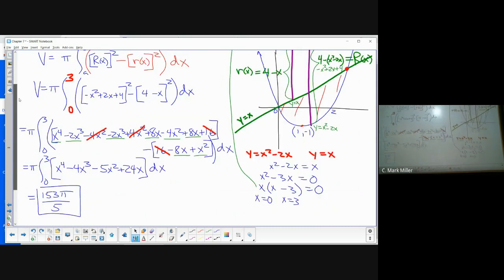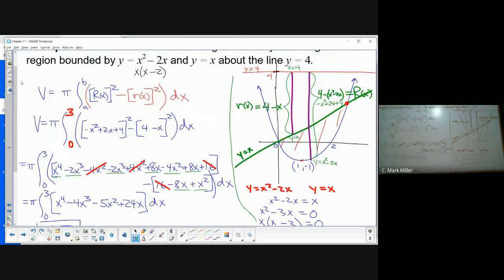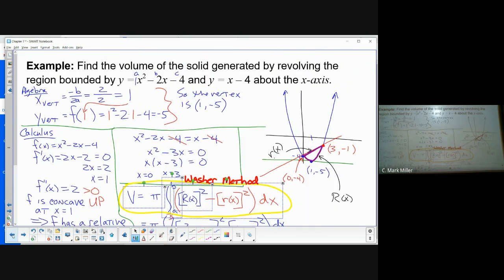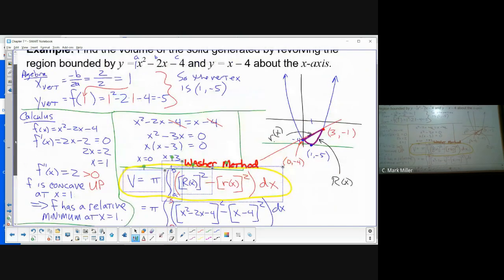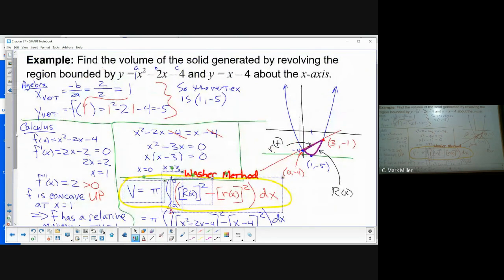The difference here was this situation is basically exactly the last situation moved up 4. Now, go back to the last problem we did, this one here. Remember that my axes are these black lines here.